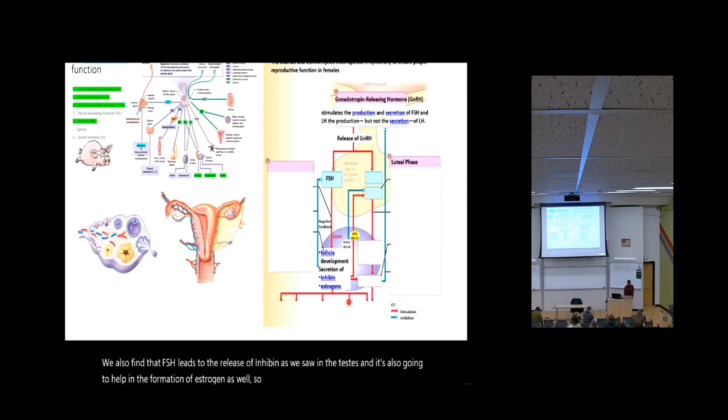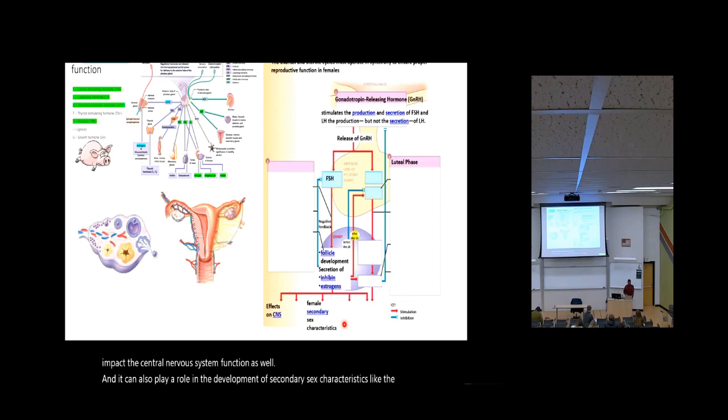So estrogen has got a number of peripheral effects, like how testosterone has peripheral effects in males, and we see that it can impact the central nervous system function as well, right? It can also play a role in the development of secondary sex characteristics, like the deposition of fat on the hips and breast development, and estrogen can also help in bone and muscle growth.